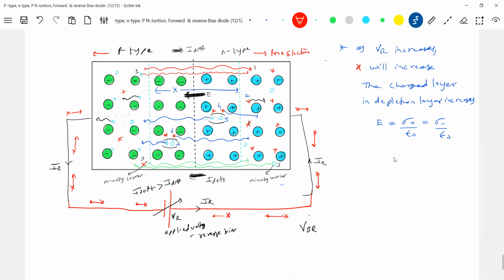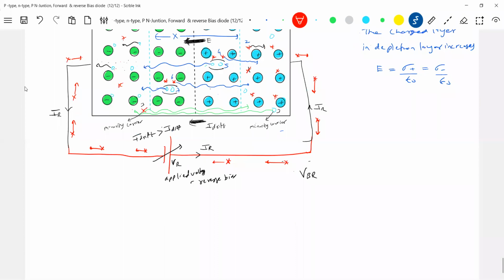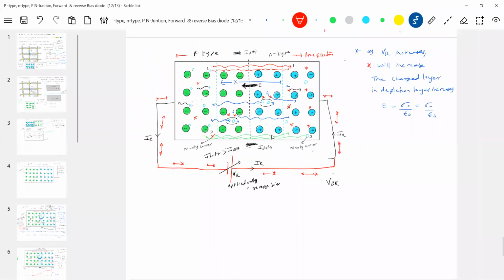If E increases, these electrons, the minority carriers, will experience a large amount of force. So let's get into the topic. I'm going to explain how that breakdown occurs.